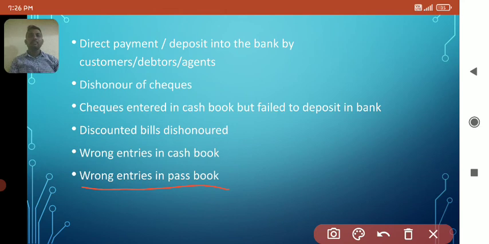If the commission is entered twice, or the totaling is doubled, or the banker has totaled wrongly, differences arise between the cash book and passbook. So we have to prepare the bank reconciliation statement. After carefully examining all these points, we can conclude that whenever there is a difference between the cash book and passbook, we have to prepare the bank reconciliation statement to balance both.